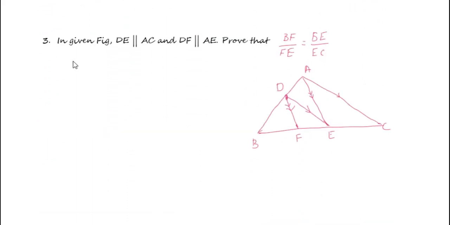Next exercise: in the given figure, DE is parallel to AC and DF is parallel to AE. Prove that BF by FE equals BE by EC. Let us take triangle ABE.